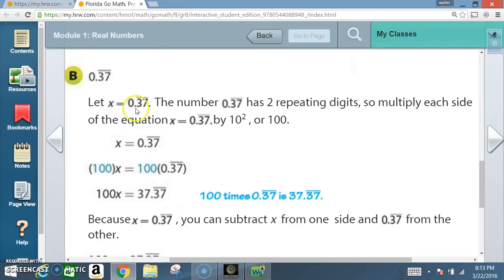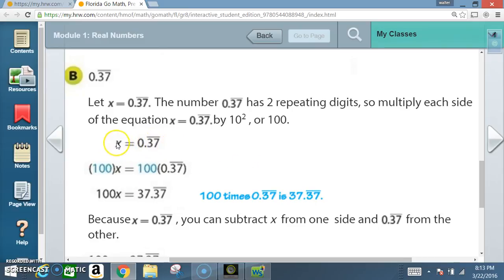Let x equal 0.37 repeating. The number 0.37 has 2 repeating digits. So multiply each side of the equation by 100. Each space represents 10. So we got 2 repeating spaces, 1, 2. 10 times 10 is 100.